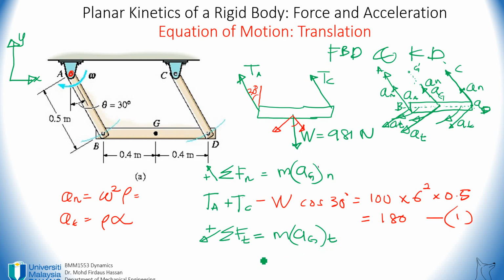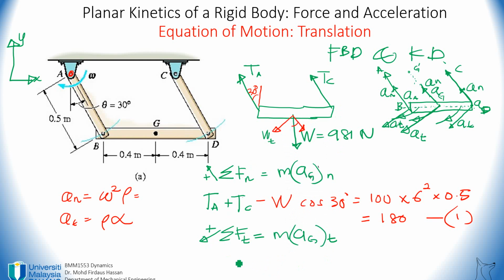Alright. So do we have the tangential component for TA? No, because TA is 0 in tangential component, because the tension is only in the normal component. So what do we have? We have only W in the tangential component, which is the positive direction.